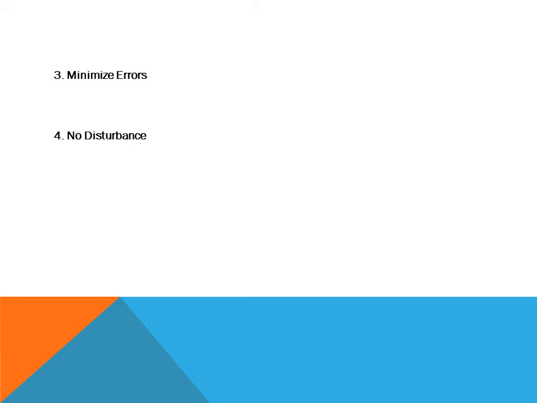Employees learn the job knowledge in a place totally away from the workplace, such as a training center or outside the organization. So they will not have any disturbance. It's a kind of peaceful environment they get.